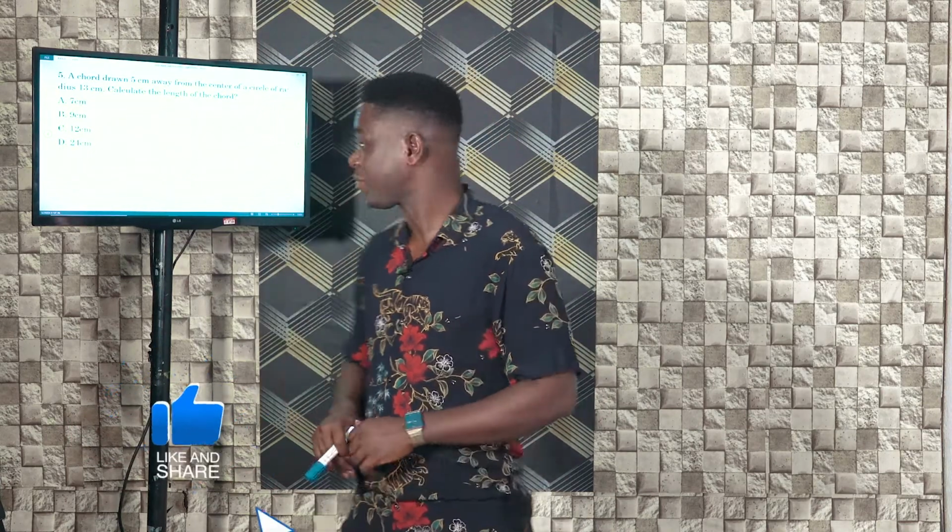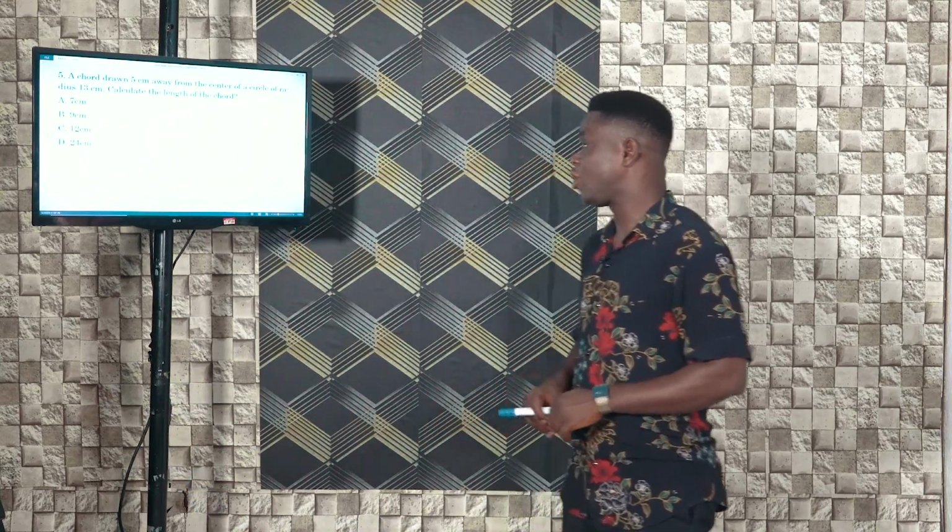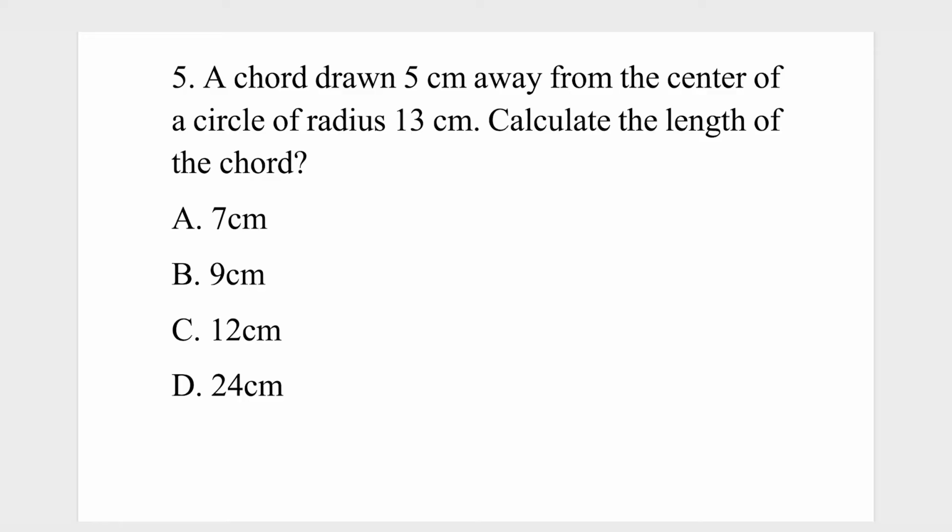Number 5. A chord is drawn 5 centimeters away from the center of a circle of radius 13 centimeters. Calculate the length of the chord.